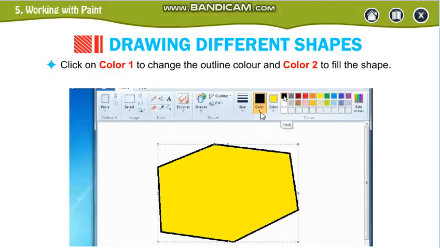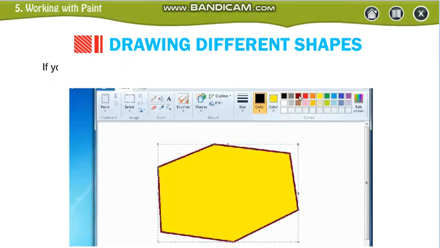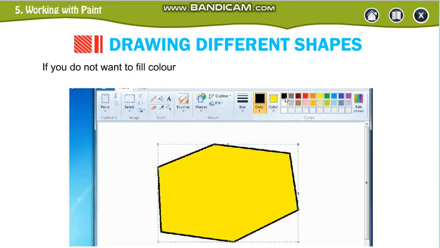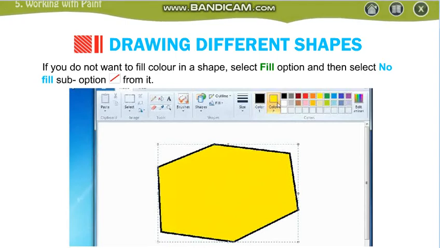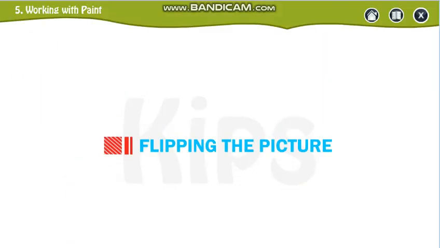Like here, color 1 is black, so the outline color is black. Color 2 is yellow, so the fill color is yellow. If you do not want to fill color in the shape, select the fill option and then select no fill.